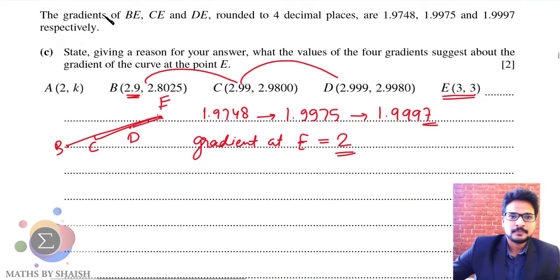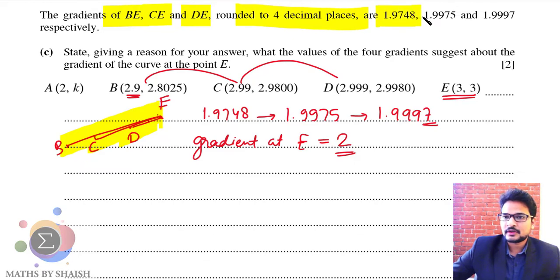The gradient of BE, CE and DE. So E is a fixed point, and they are finding the gradient of BE, and then CE, then DE. Rounded to 4 decimal places they are 1.9748, 1.9975, 1.9997 respectively.